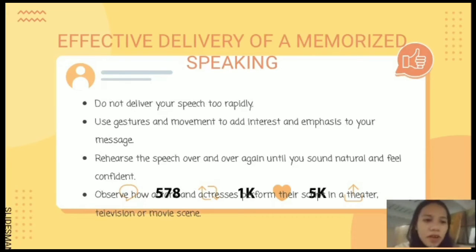So last up is observe how actors and actresses perform their script in a theater, television, or a movie scene. So this is a really good reference for you as a guide on how you should deliver a memorized speaking type of speech.